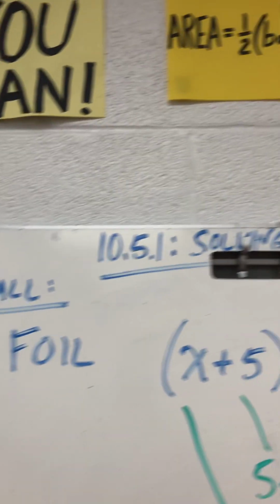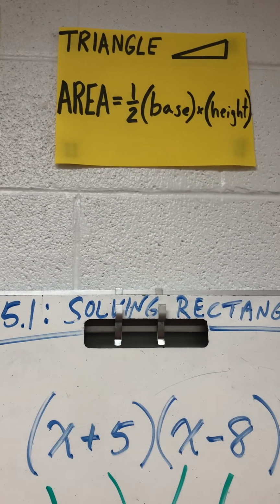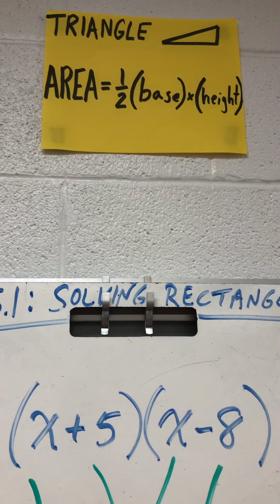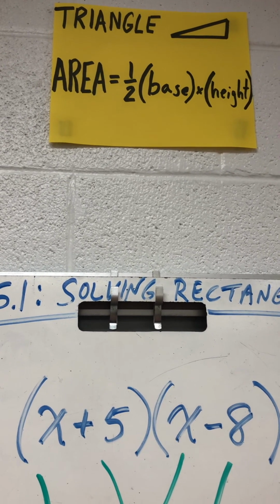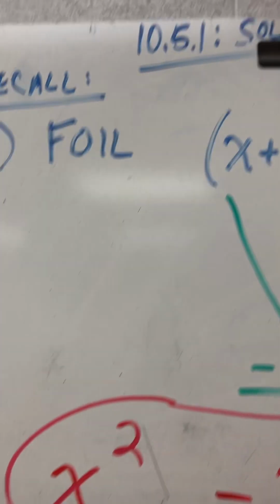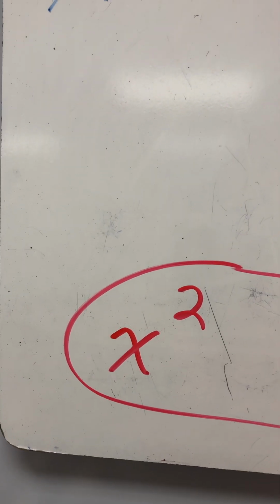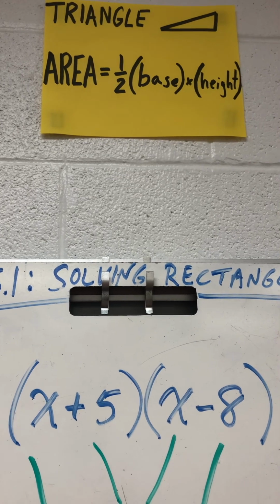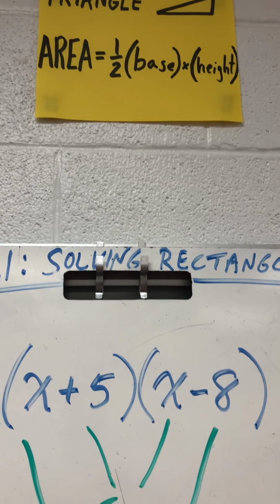Remember FOIL? For example, x plus 5 times x minus 8. First, outer, inner, last. What's x times x? X squared. X and x was the first. And then O for outer.